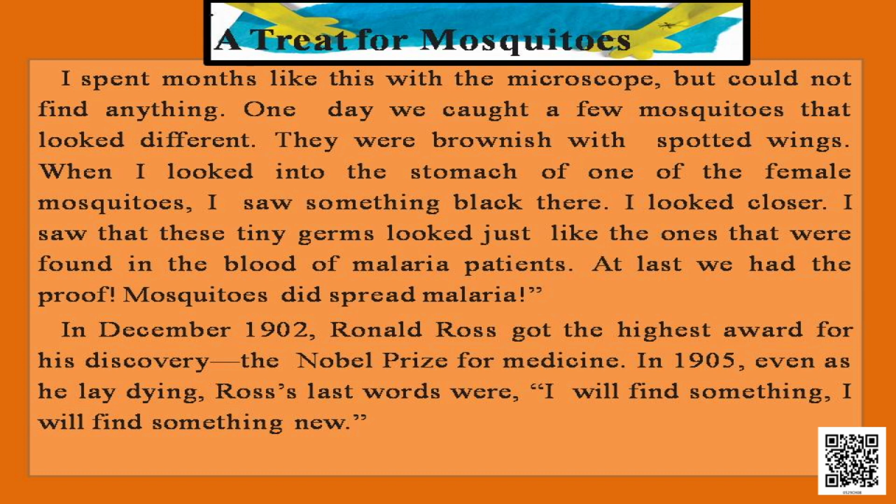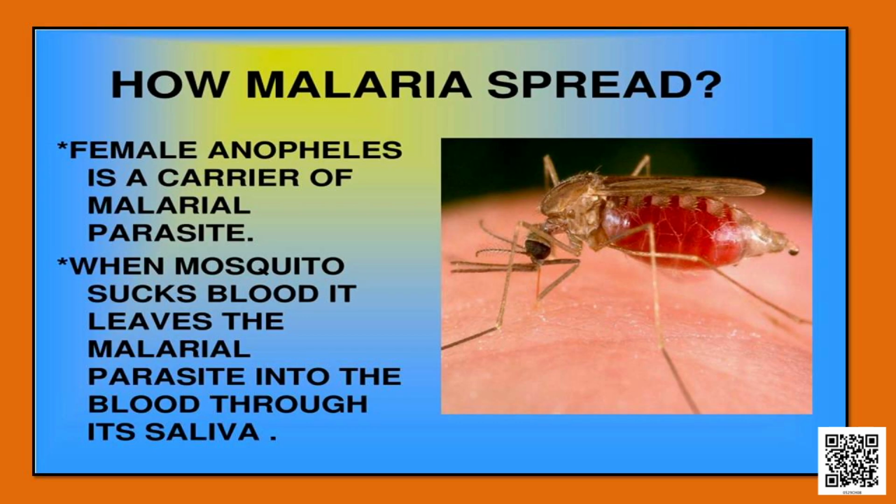At last we had the proof: mosquitoes did spread malaria. So this was the day when the scientist got the real result of his hard work, and he found the carrier of the disease malaria: the female Anopheles mosquitoes, which were brown with spotted wings. These were the carriers of the malarial parasite.